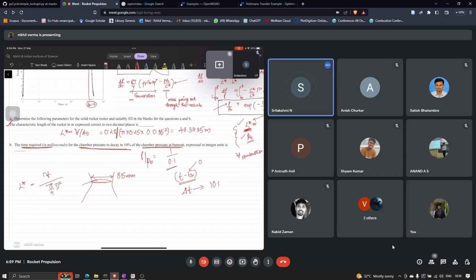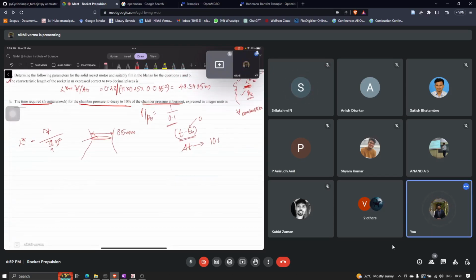Next is the time required. That is ln of P by P bar is minus c star gamma square by L star times t minus t burn.